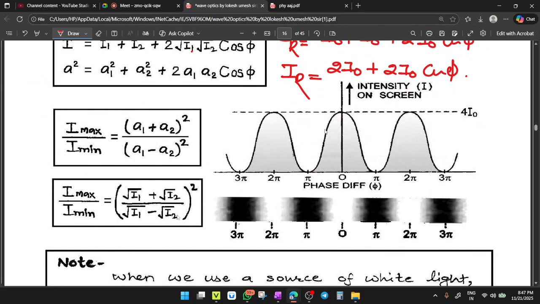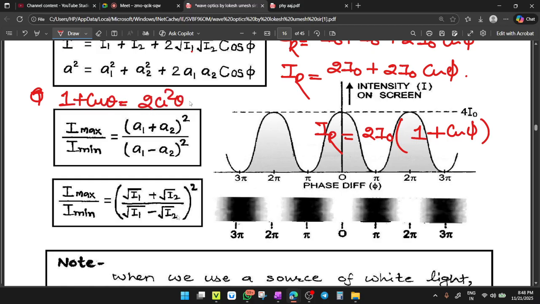Now take 2 I naught as common. So the resultant equals 2 I naught times 1 plus cos phi. Now the formula for 1 plus cos theta in mathematics: 1 plus cos theta equals 2 cos square theta by 2.